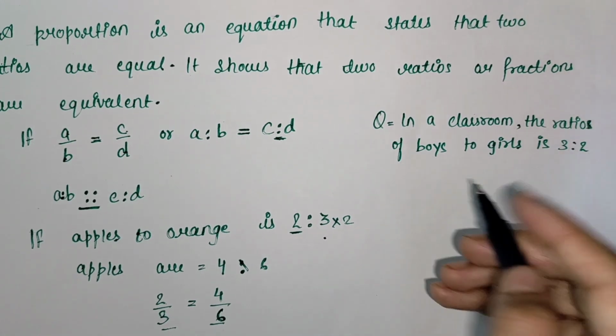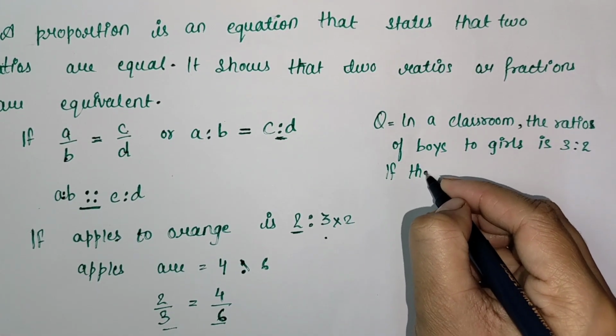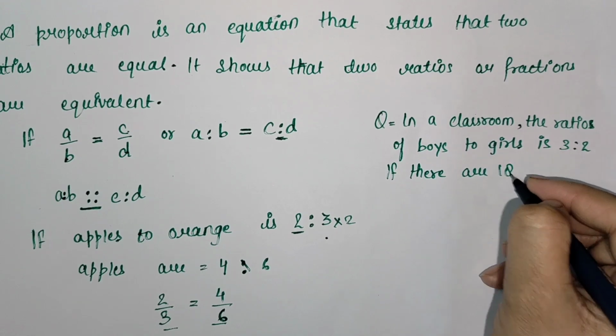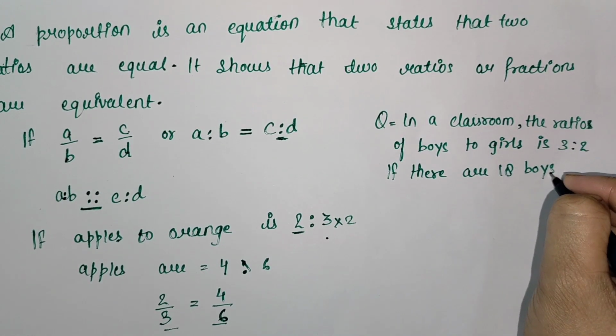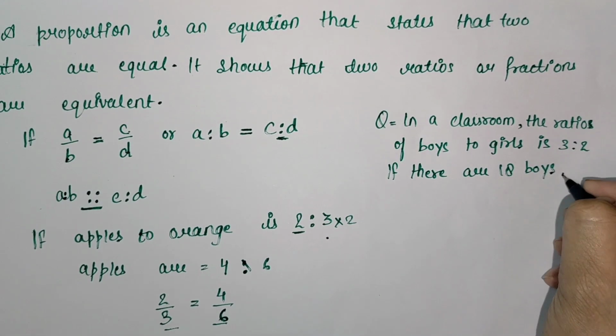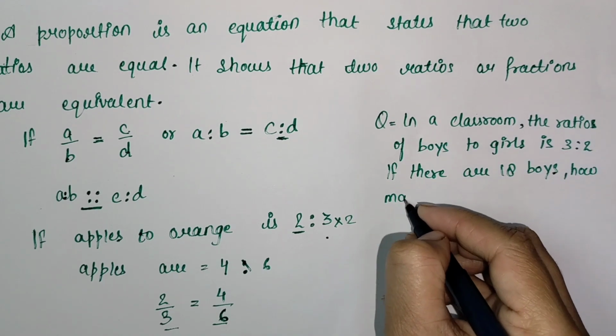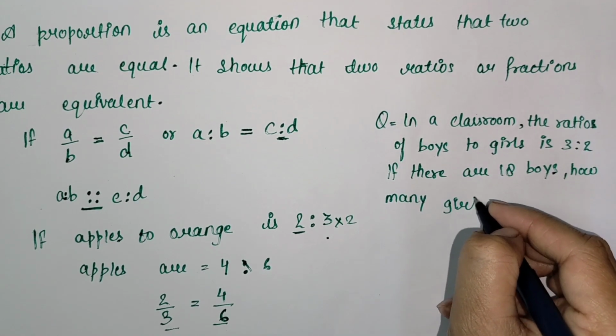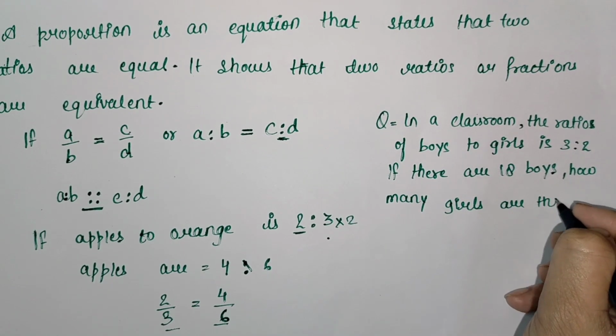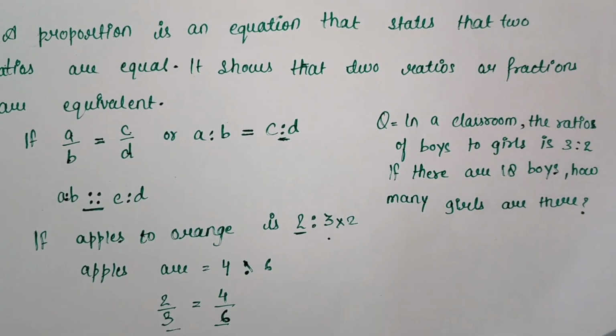If there are 18 boys in the classroom, then how many girls are there? Let us solve.